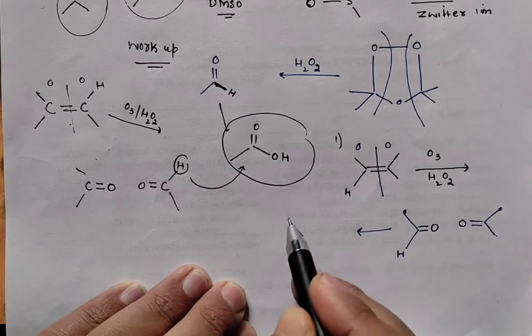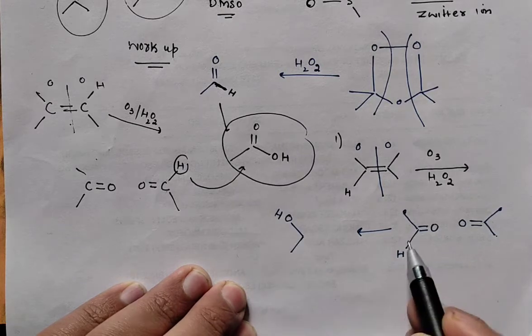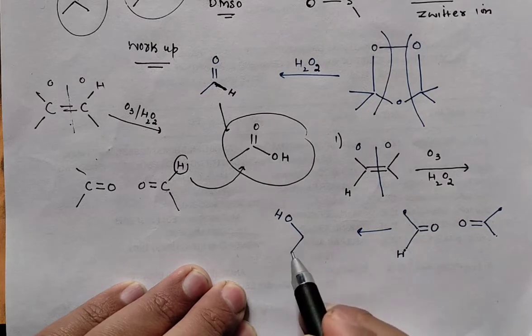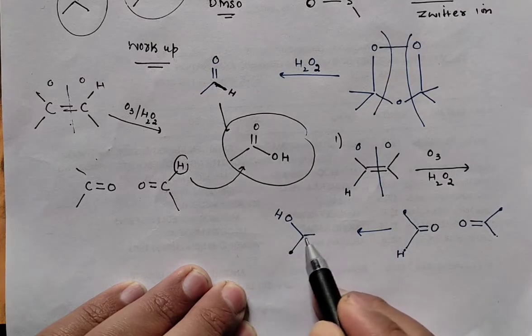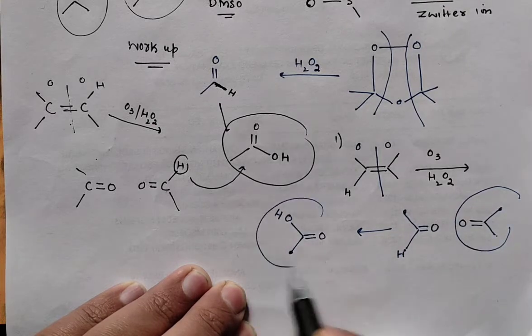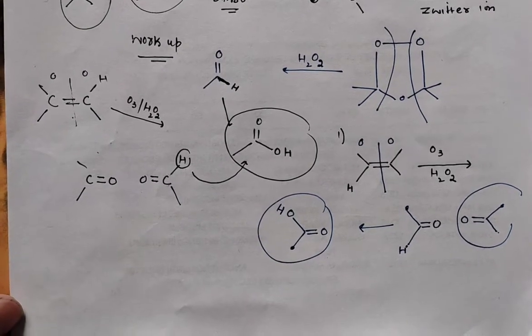So you will get OH. Sorry, H is here. Okay? So let's keep it. So you have to oxidize this into OH. So that becomes your carboxylic acid. This is your other molecule, carbonyl and carboxylic acid. That is ketone and carboxylic acid. That's it. Okay? So let's now do one more example, organic transformation.